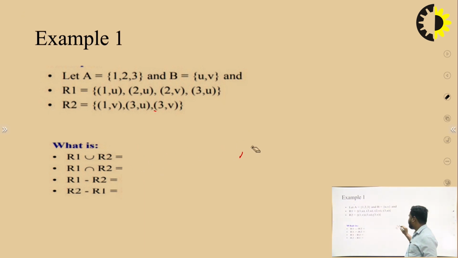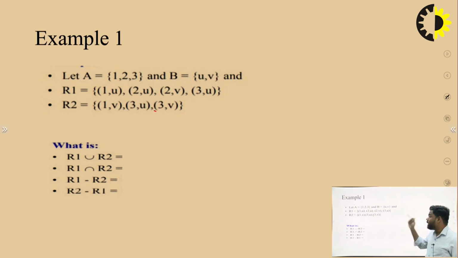Now the difference. An element (a, b) present in R1 but not related in R2. It means 1u is not in R2, so it will be in R1 minus R2.